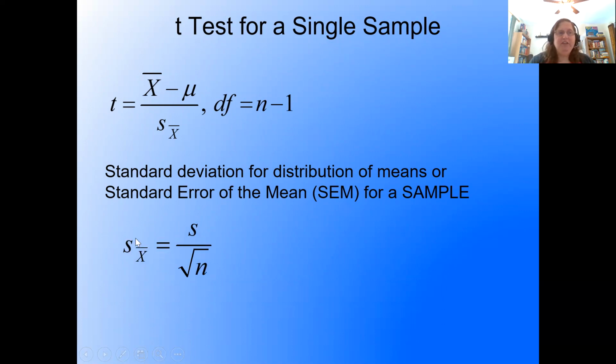How do we calculate S of X bar? Very similarly to the way we calculated sigma of X bar. We take our standard deviation, or in this case, S, over the square root of n. Remember before, for sigma X bar, it was sigma over the square root of n. Now it's S over the square root of n. So it's very, very similar.